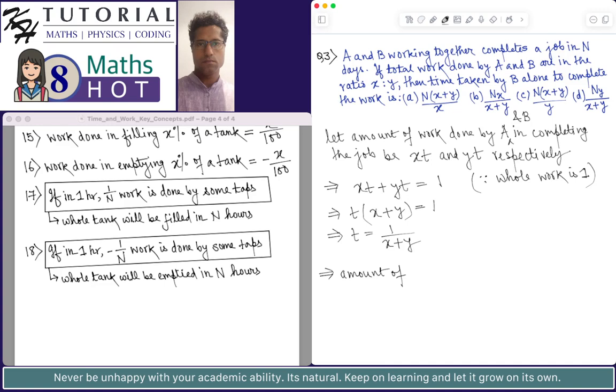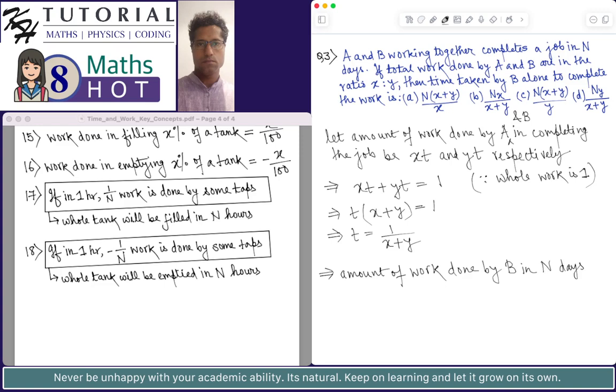Now we can say the amount of work done by B in n days. Why? Because A and B together can complete the job in n days, and we have assumed that the amount of work done in completing the job, that is, after working n days.